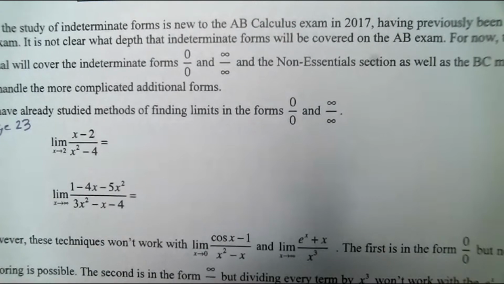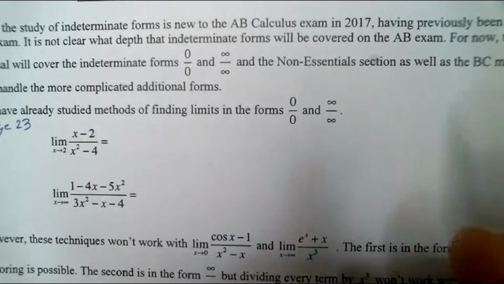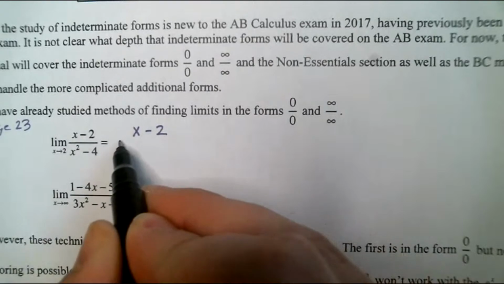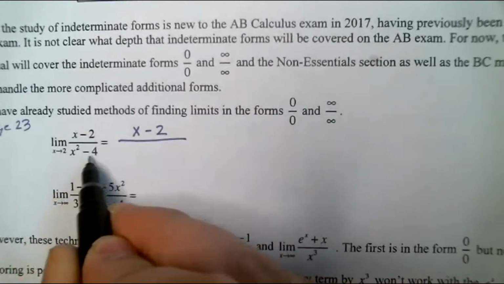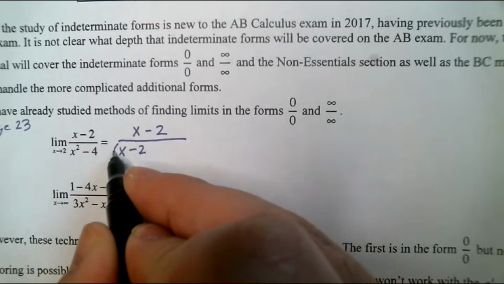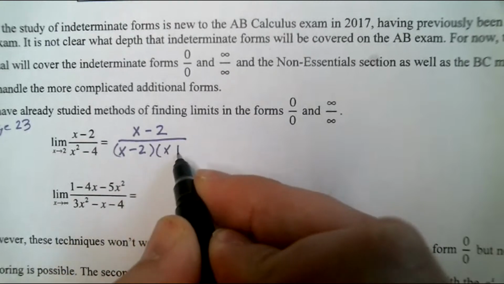Step 2 is to factor. So I can't factor the numerator, but I can factor the denominator. It is a difference of squares, guys. So that would just be x minus 2, x plus 2.